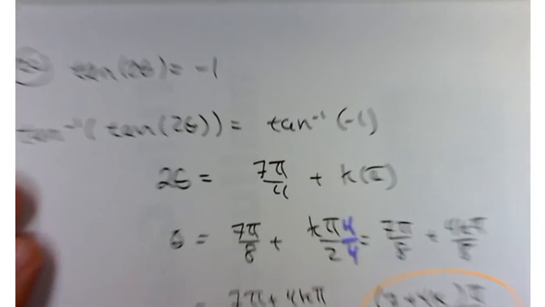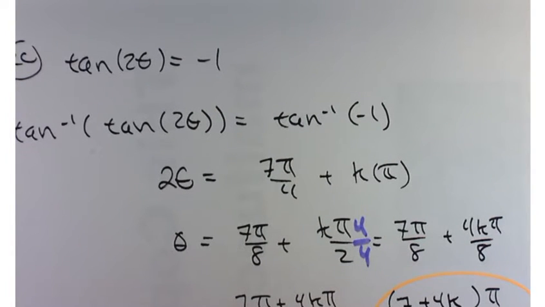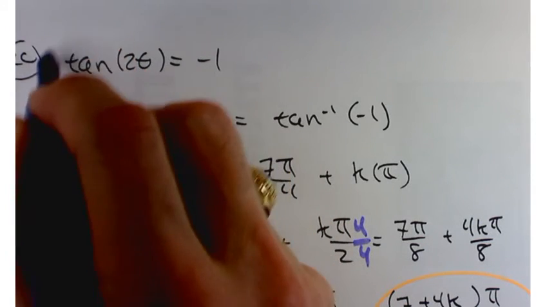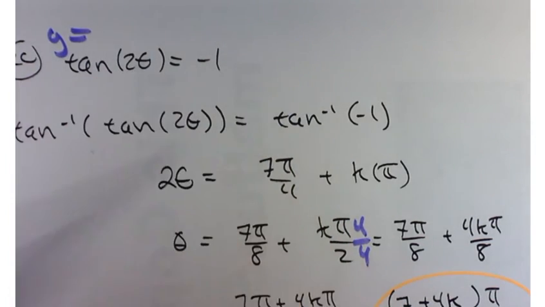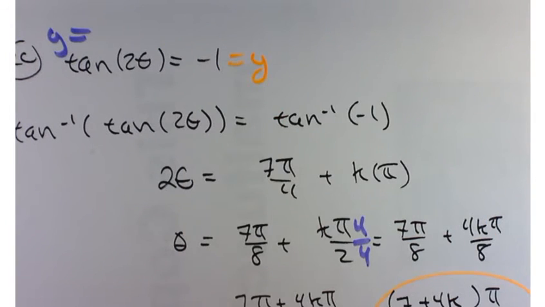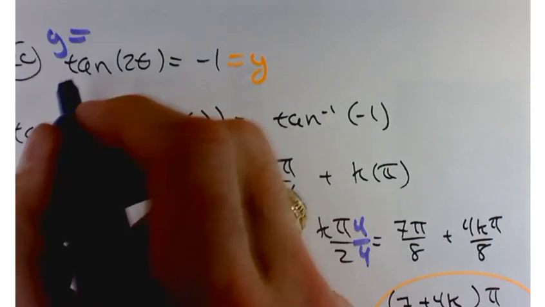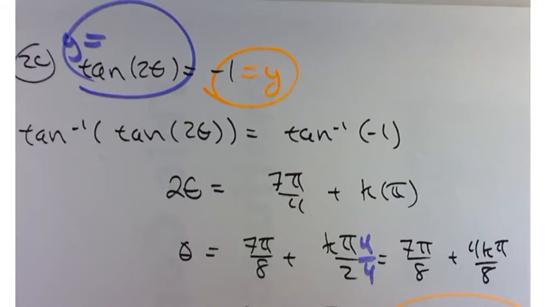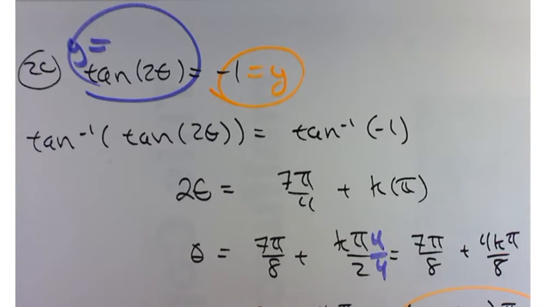Our equation was this right here: tangent of 2 theta equals -1. So what I did is I graphed 2 things. I graphed y equals tangent of theta and y equals -1. So those are 2 separate graphs, this one and this one. And the number of solutions is the number of places where these graphs intersect each other.